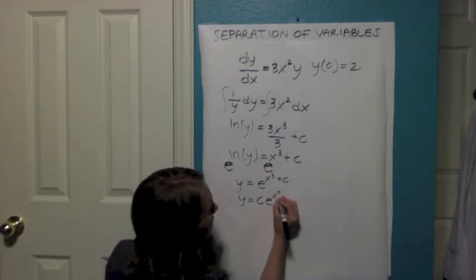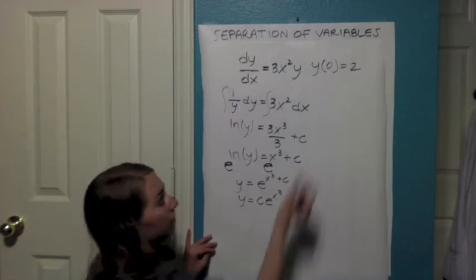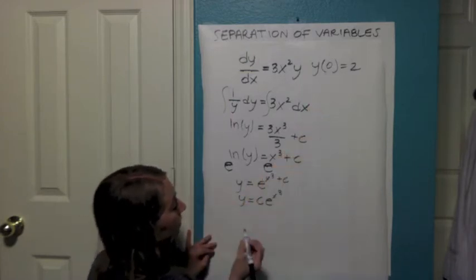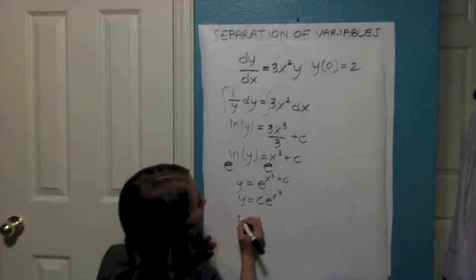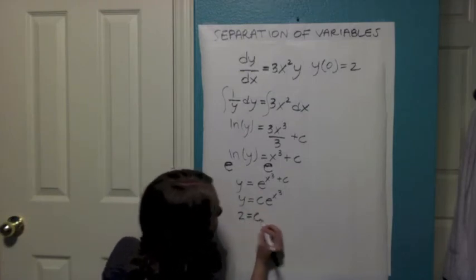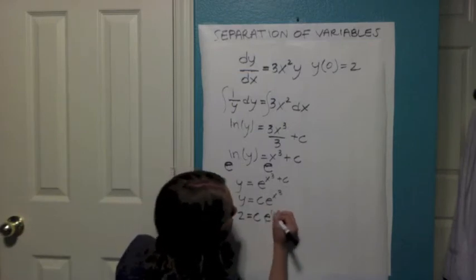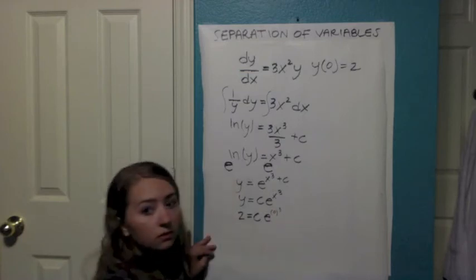Now once again, we're going to plug back the original initial condition where we get 2 equals c times e to the 0 cubed.